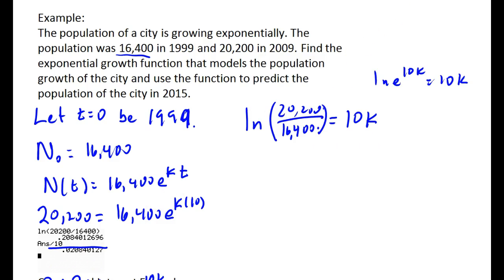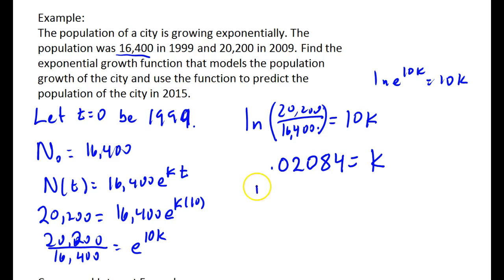All right. So our function modeling the population is 16,400 e to the 0.02084t.